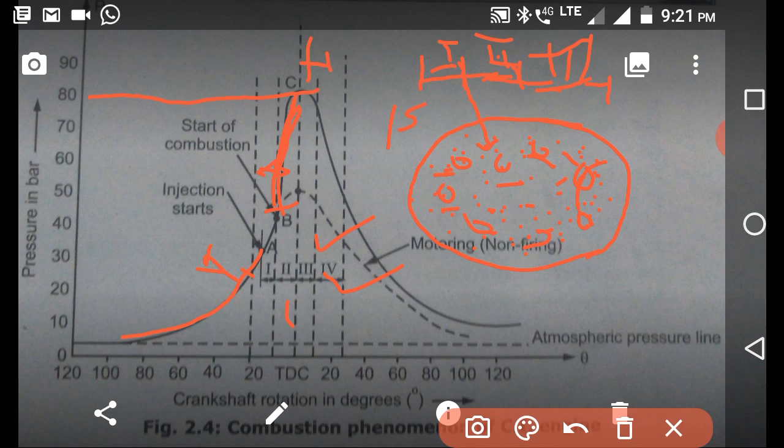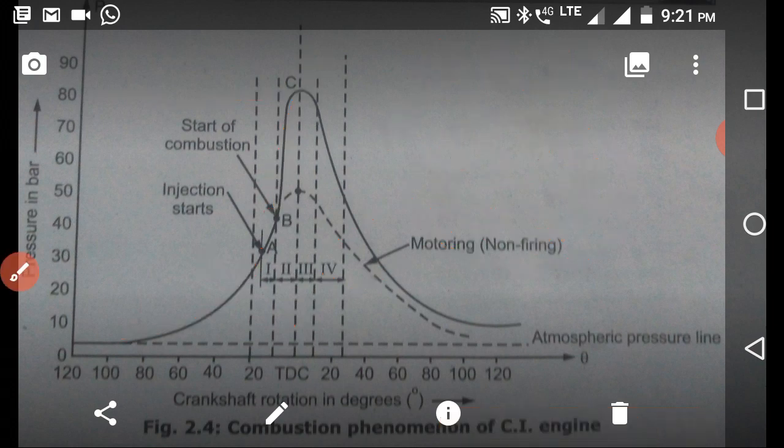So we can see that in combustion of a CI engine, the ignition delay happens in the first stage, as the fuel molecules come in contact with the compressed air, and heat transfers from the compressed air to the fuel molecules so they attain self ignition temperature. After that all the molecules burn at different locations of the combustion chamber.